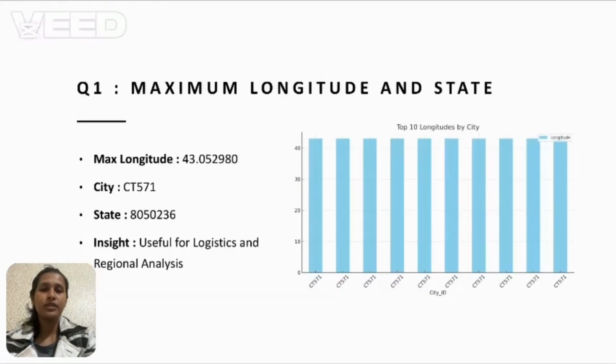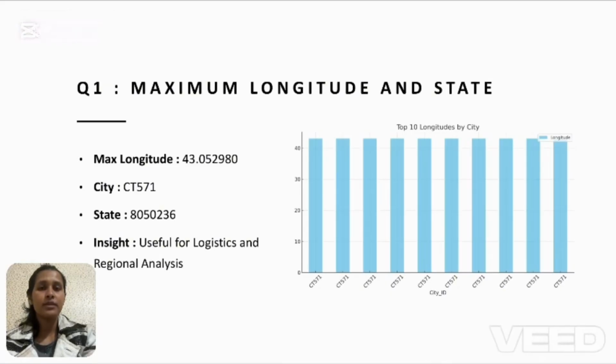Then let's begin with question 1. It asked us to determine the maximum longitude and the state it belongs to. Longitude values indicate east west geographical positions. After loading and cleaning the Urulu dataset in Power BI, we created a table visual and sorted the longitude column in descending order.